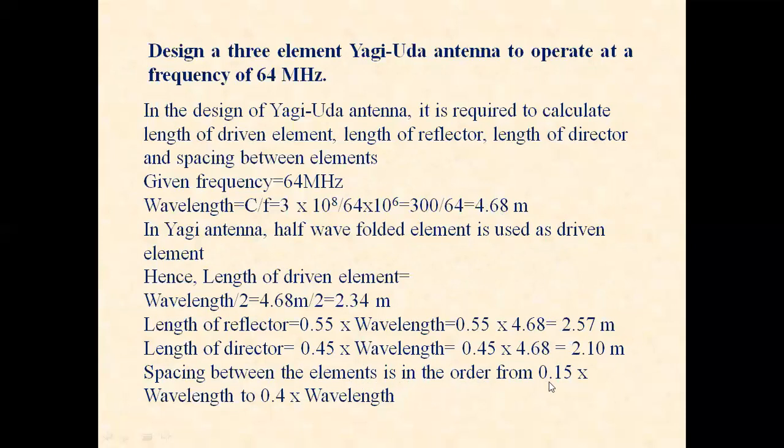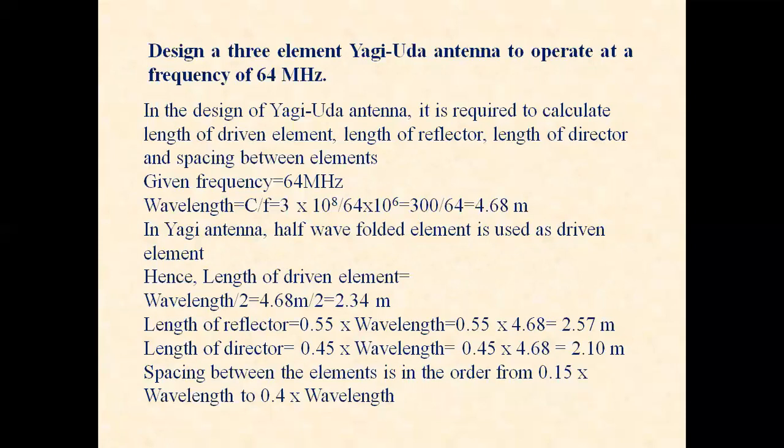Spacing between the elements is in the order of 0.15 wavelengths to 0.4 wavelengths. Typically, we can take it as lambda by 10. So how do you design the Yagi-Uda antenna for the given frequency of operation? From the frequency, calculate the value of lambda: lambda equal to c by f. Then the length of the driven element is lambda by 2.